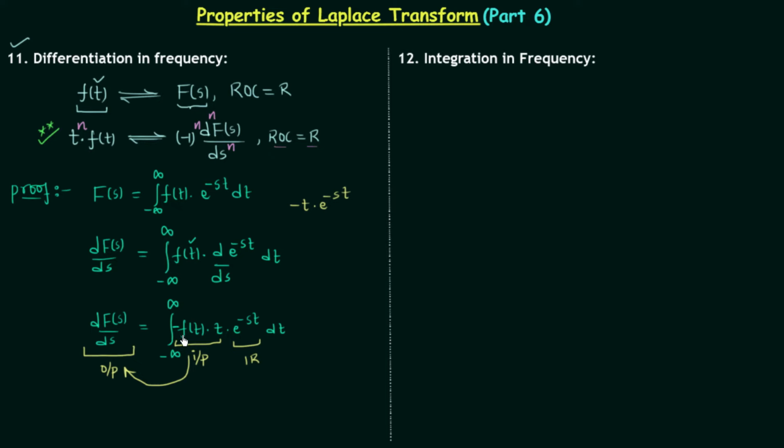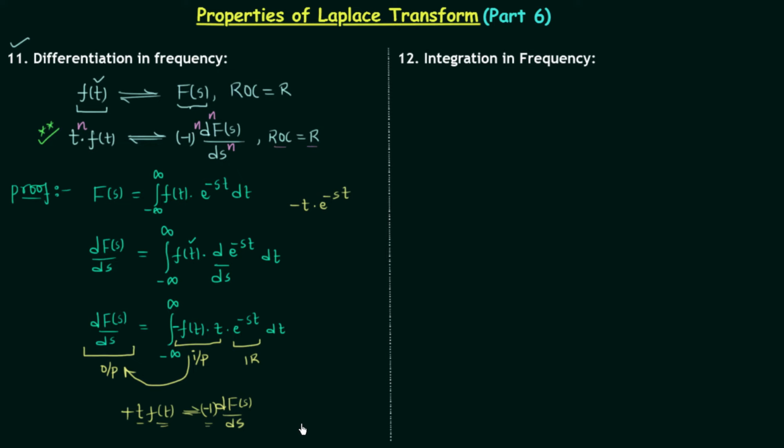Rearranging our time domain signal, we can write minus t multiplied by f(t) will have the Laplace transform dF(s) over ds, and if we multiply minus on both the sides we have plus here and we have minus here, which we can write as minus 1 multiplied by dF(s) over ds. So you can see when we have multiplied t to f(t) we have the Laplace transform dF(s) over ds multiplied by minus 1. So this is our property and we have easily proved it.